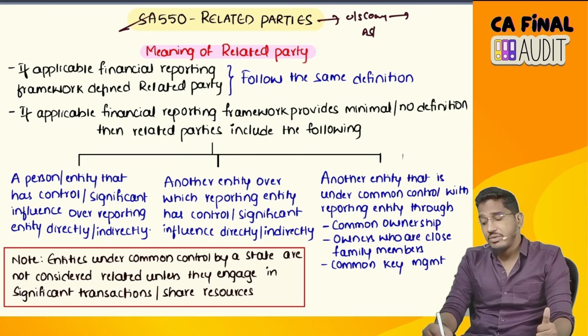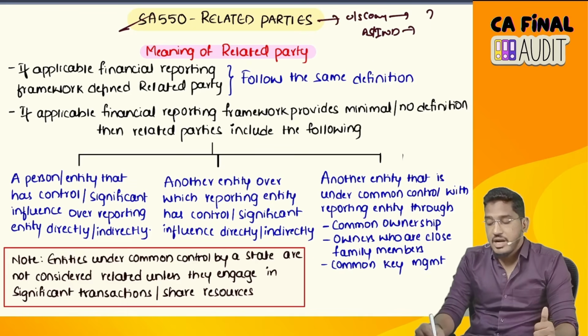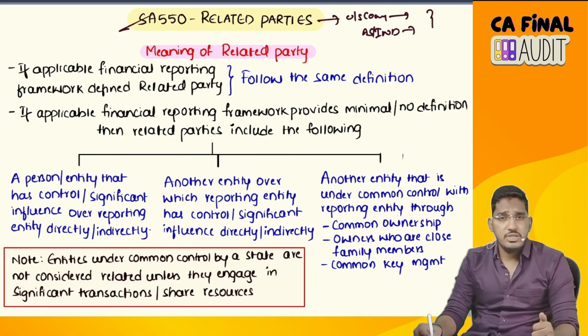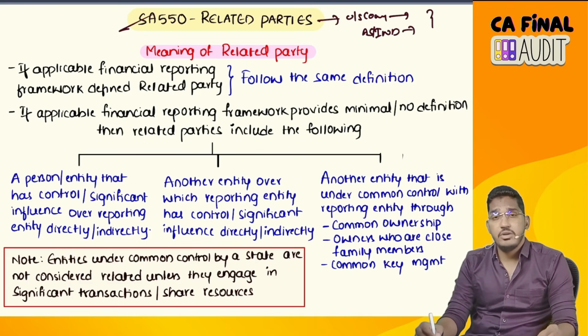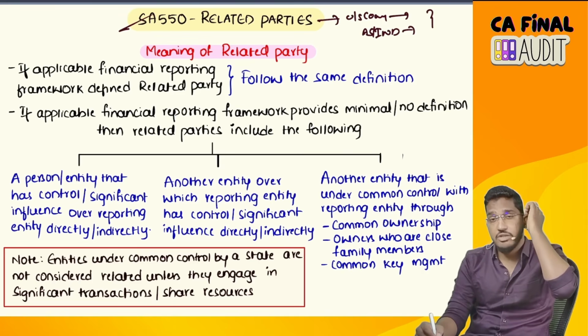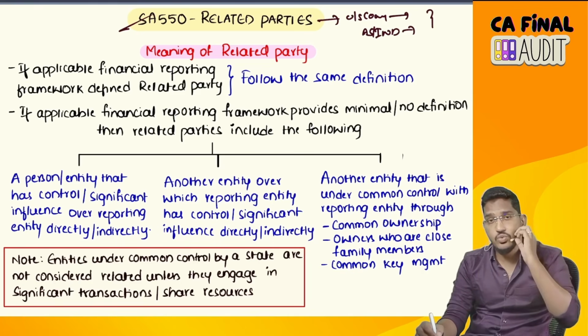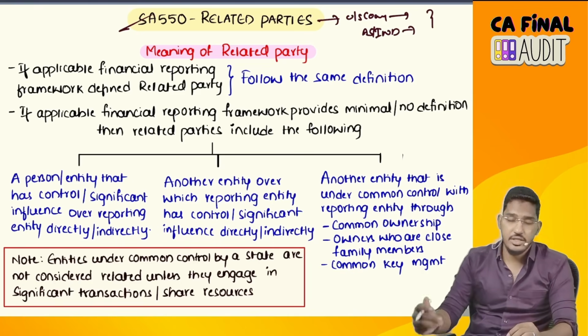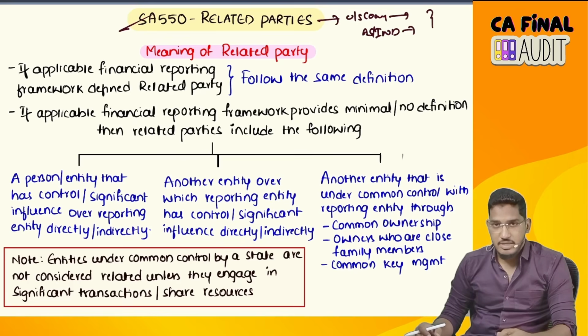We have dedicated accounting standards and Ind AS talking about related party transactions, and there are so many disclosure requirements under the applicable financial reporting framework, because that is such a risky area. So even the ICAI has thought that since they carry high risk, we need to give guidance for our chartered accountants to audit related party transactions. With that intention, the standard has been given.